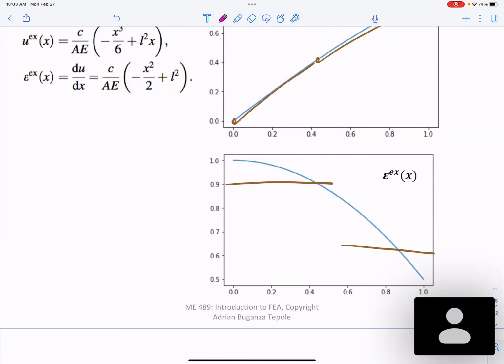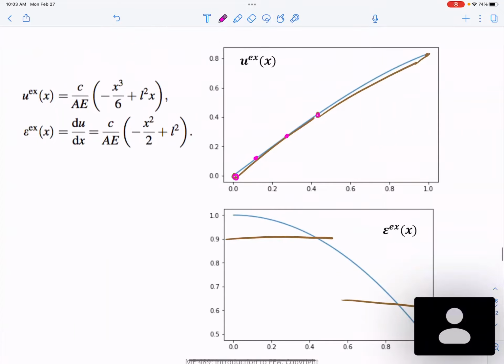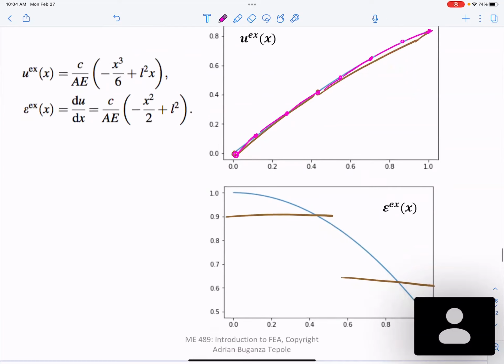If you have more elements, the solution that you get will basically pass through these points, and you can imagine that it will be closer to the exact solution. And as you add more and more elements, it gets closer and closer.